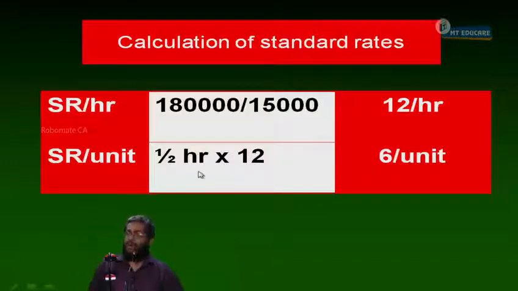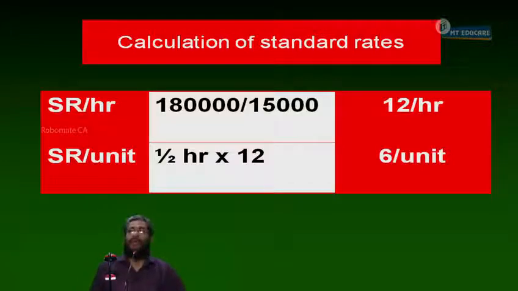Variable overheads move mainly with hours. Just because I allot half an hour for a unit, I fix the standard as 6 per unit. So units drive hours, and hours drive variable overheads. The primary cost driver is hours and the secondary cost driver is units. This was already discussed in the previous class.